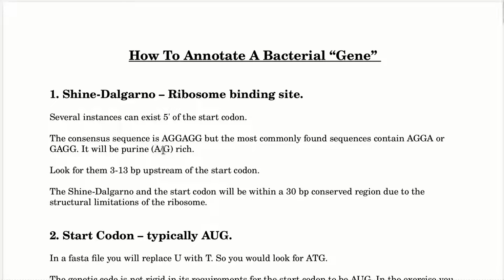So if you find a bunch of A's and G's together in, say, as few as 4, but looking for like 6 or more, you're probably at a Shine-Dalgarno sequence. So a Shine-Dalgarno sequence, really, to be honest, is just a bunch of A's and G's near each other. If you see 6 or 8 A's and G's together, you can probably call that a Shine-Dalgarno.